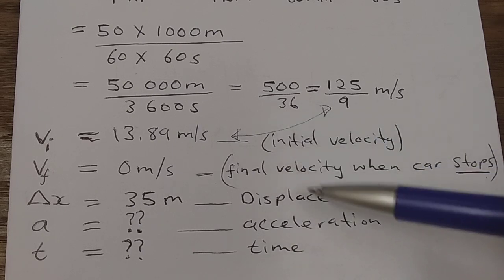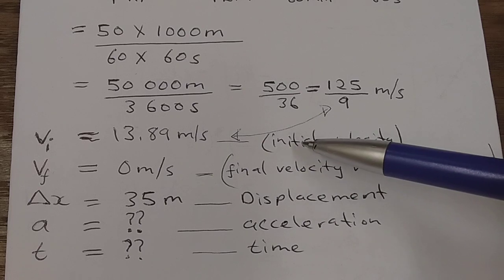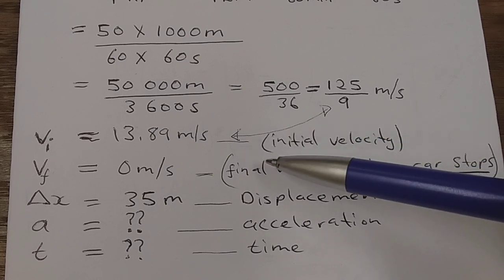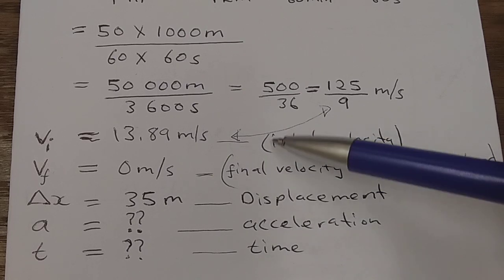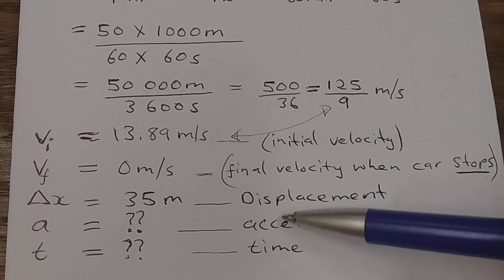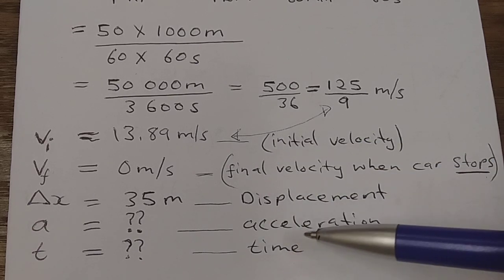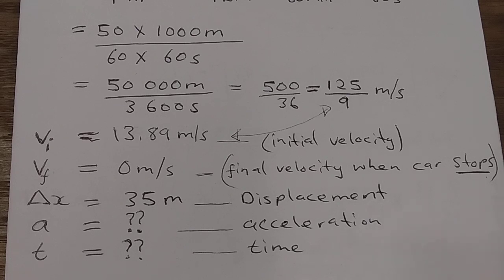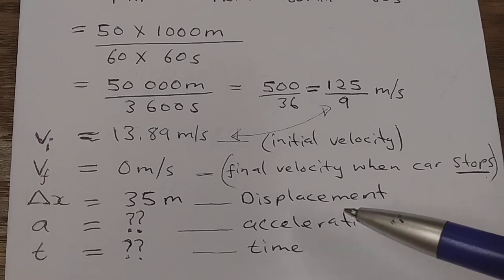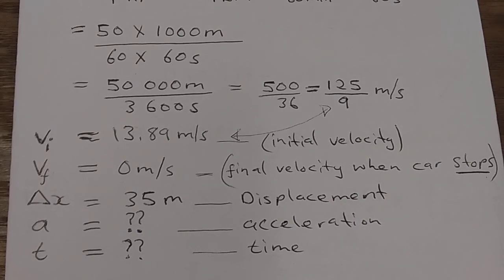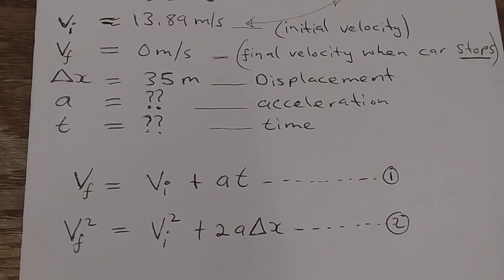For this kind of problem, where out of the 5 items you are given 3 and you don't know 2, we normally use simultaneous equations. So we are going to use two equations of motion and solve simultaneously, because we have 2 unknowns and 2 equations.